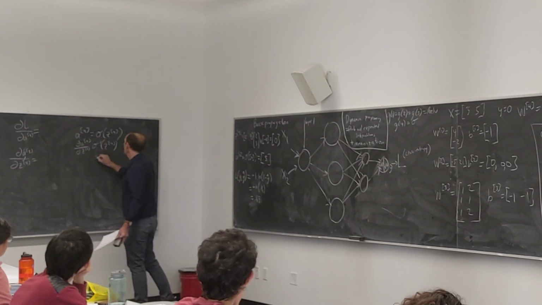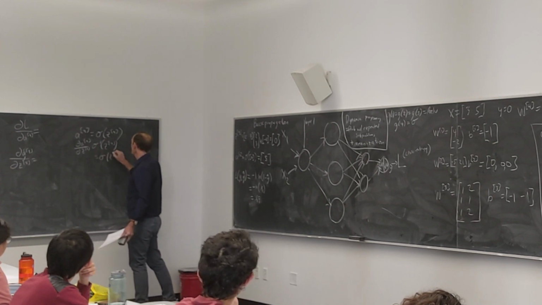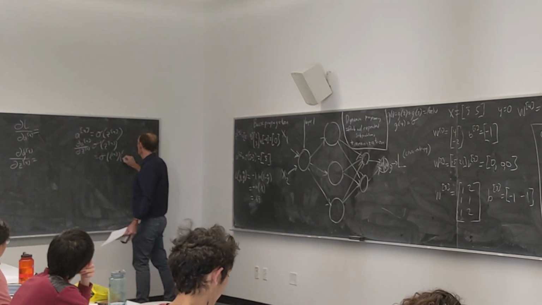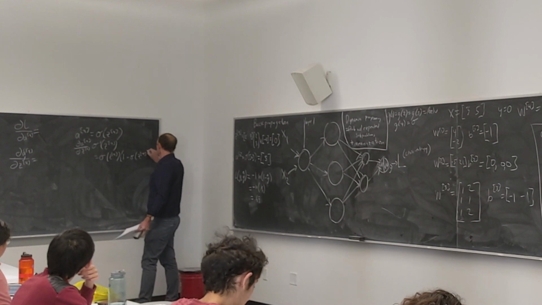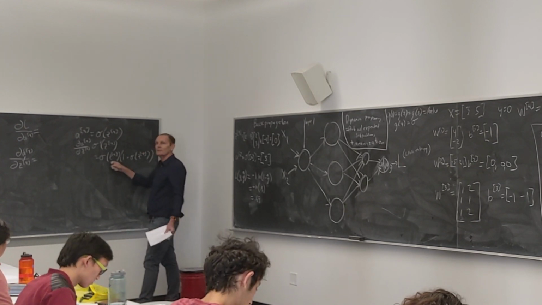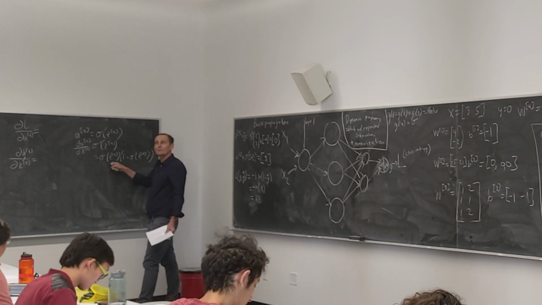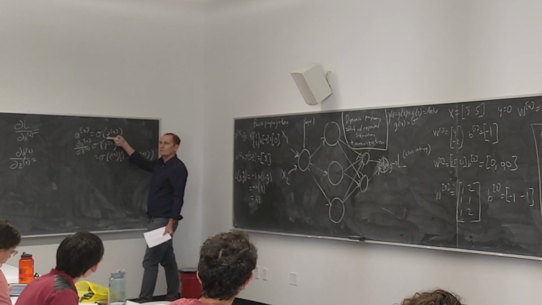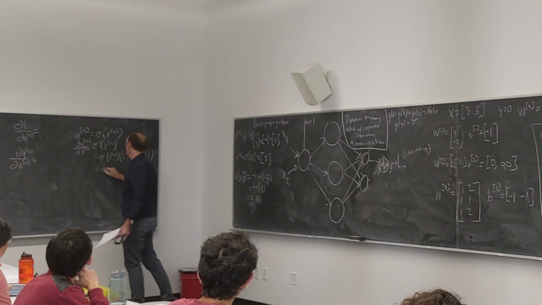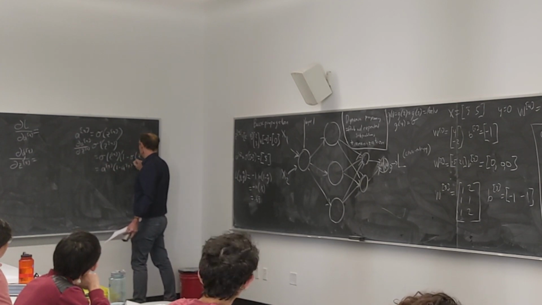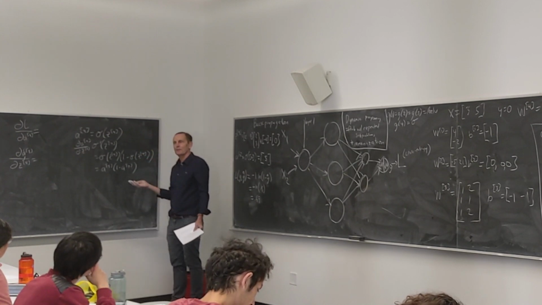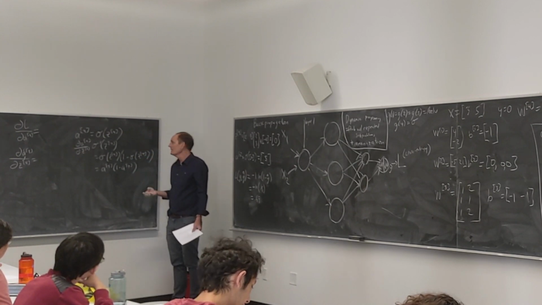So this would equal sigma of Z4 times 1 minus sigma of Z4. But what is sigma of Z4? It's A4. So this equals A4 times 1 minus A4.